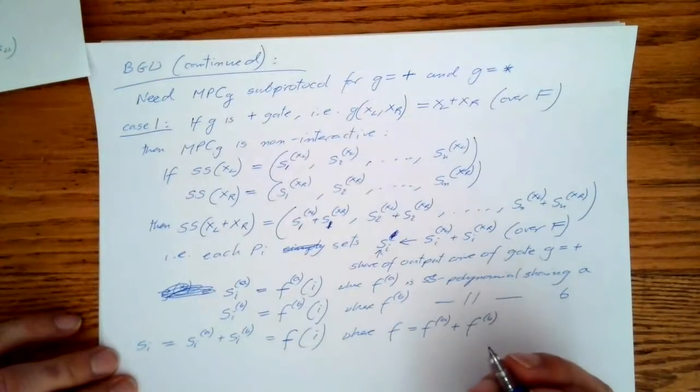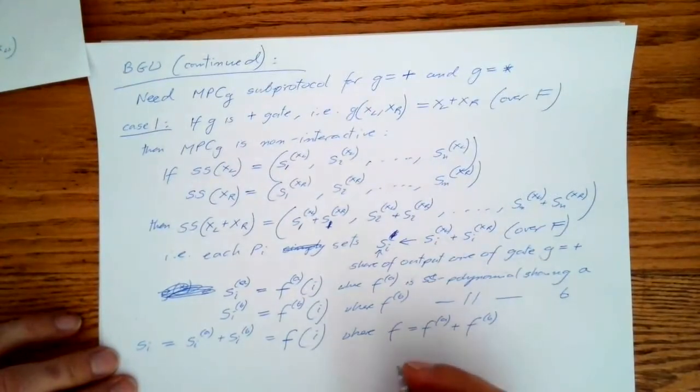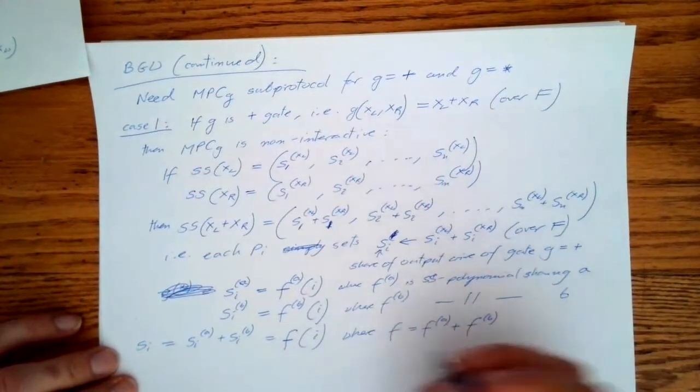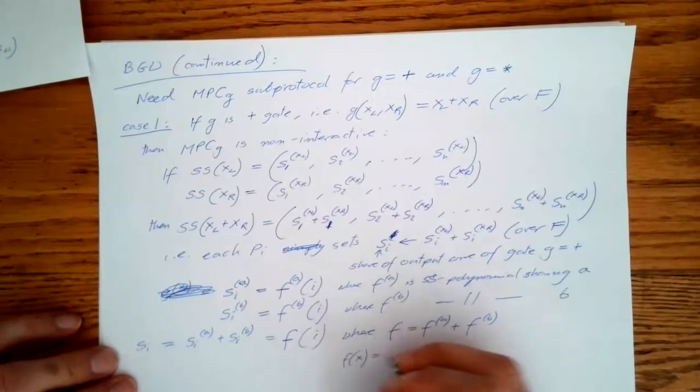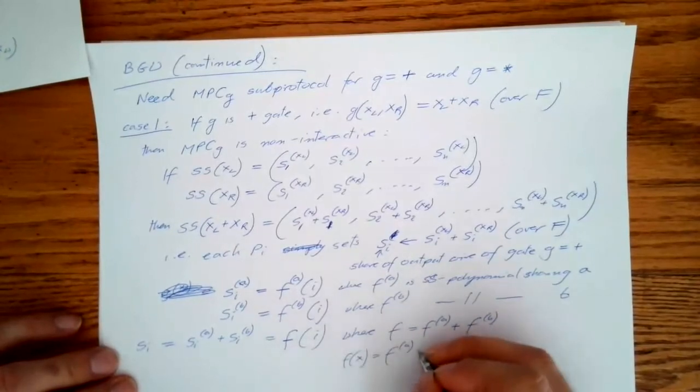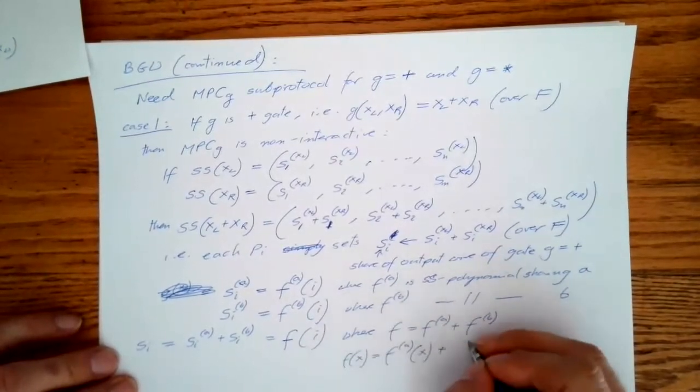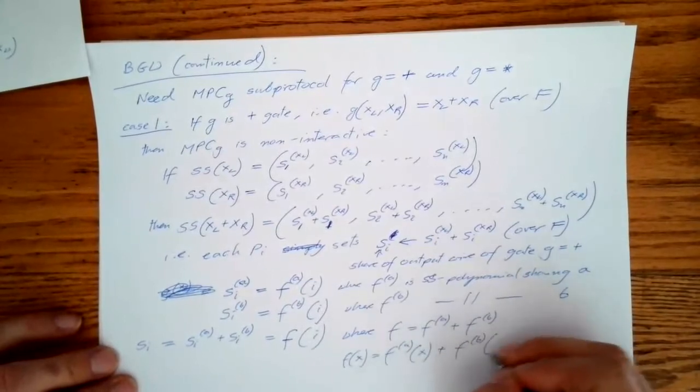How do I sum polynomials? The sum of the polynomials is defined as f of x, which is simply the first polynomial evaluated at x plus the second polynomial evaluated at x.